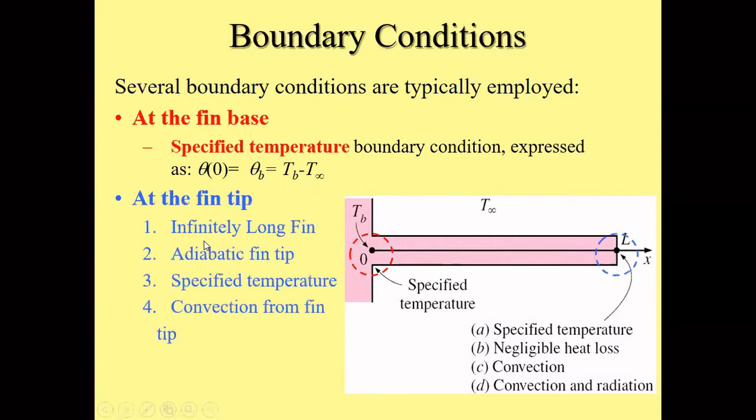Now, for the condition at the tip, there are four cases. The first one is an infinitely long fin. The second is an adiabatic fin tip, then we also have a specified temperature at the fin tip, and convection from the fin tip.